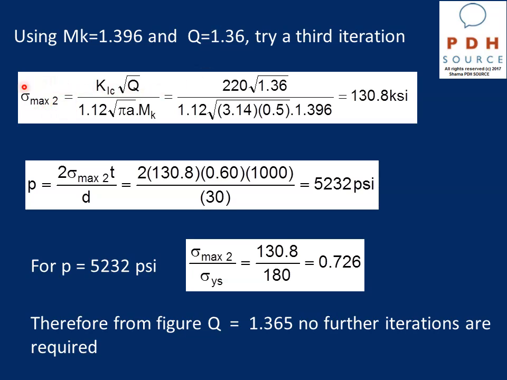I end up with a maximum stress of 130.8 ksi and the internal pressure is 5,232 psi, and the ratio of the maximum stress to the yield stress this time is 0.726. If I consult the chart, I get Q equal to 1.365 and I'm satisfied this time. There is no need for any further iterations.